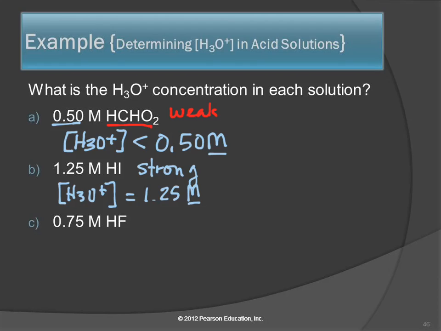And so the hydronium ion concentration equals what you put in terms of the HI. And then we can also say the iodide ion concentration is also equal to 1.25. How about HF? Strong acid, weak acid? Weak acid. So the hydronium ion concentration is what? Less than 0.75.